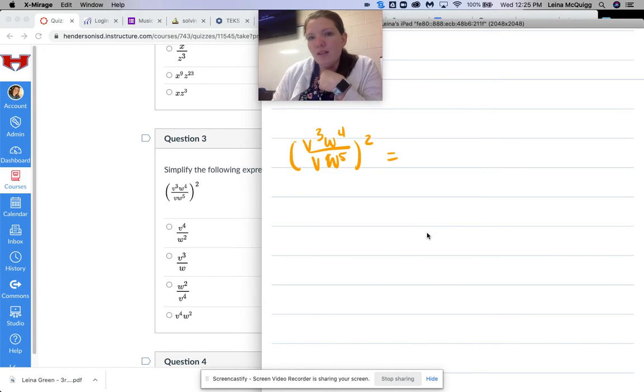Okay, so we can do this a couple of ways, and I'm okay with either any way you choose. But the first thing I'm going to deal with is this 2. So v cubed w to the 4 over vw to the 5th, the squared means we're doing that twice, right?